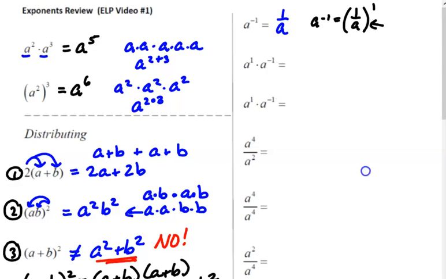So this is the reciprocal of the base. So the base was a, and the reciprocal of the base is 1 over a. And when we use the reciprocal of the base, then we make this positive.